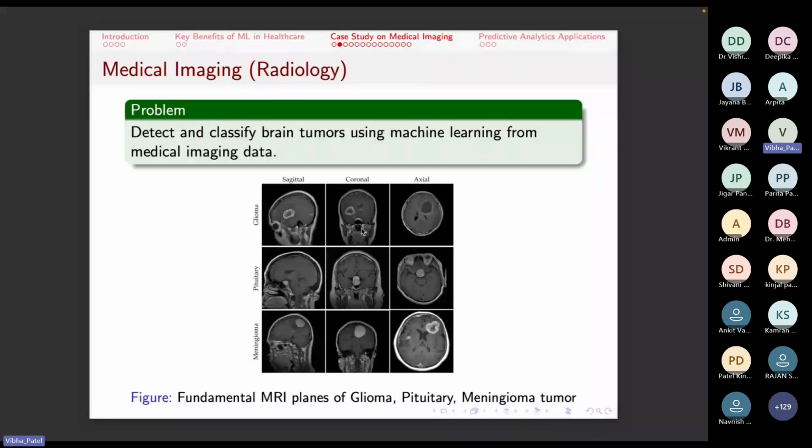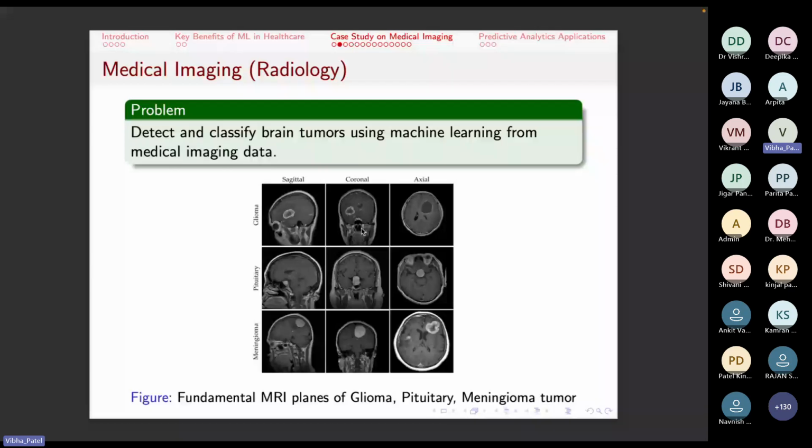The glioma cancer is more likely to be malignant rather than benign.